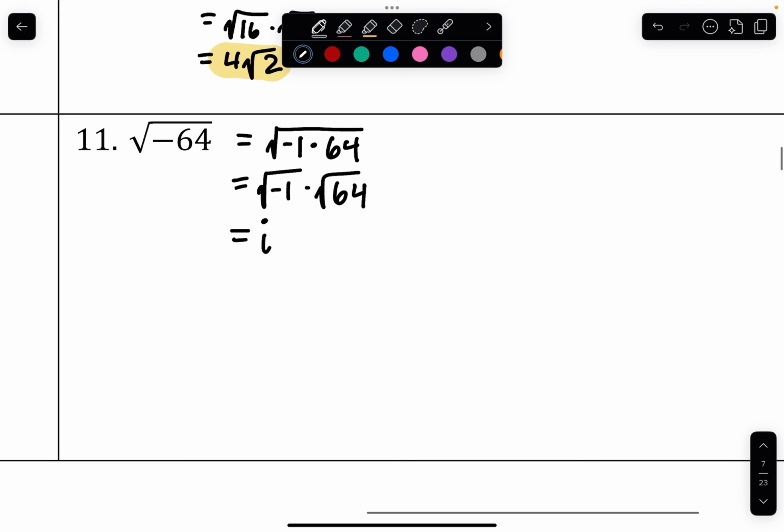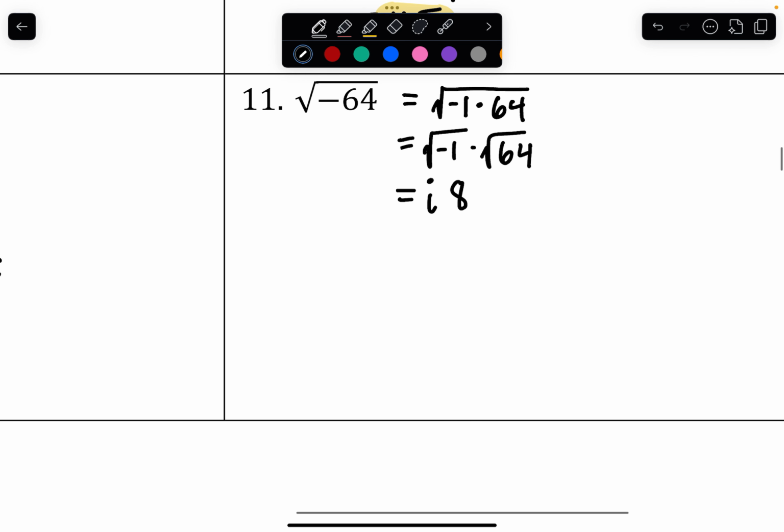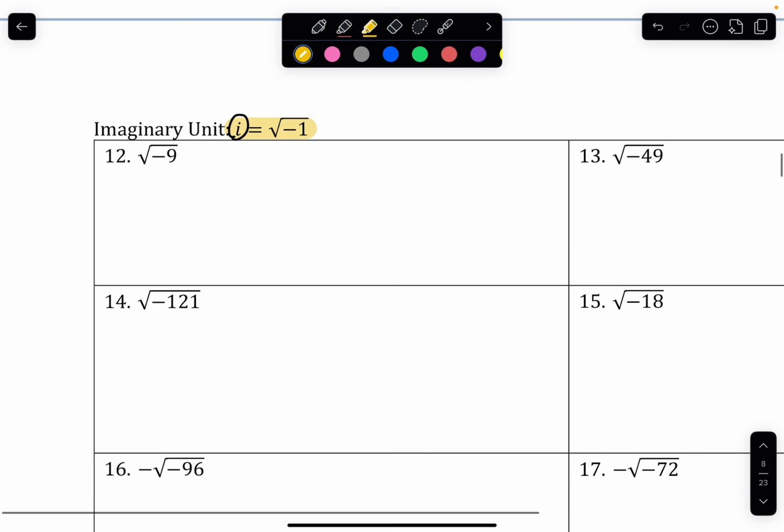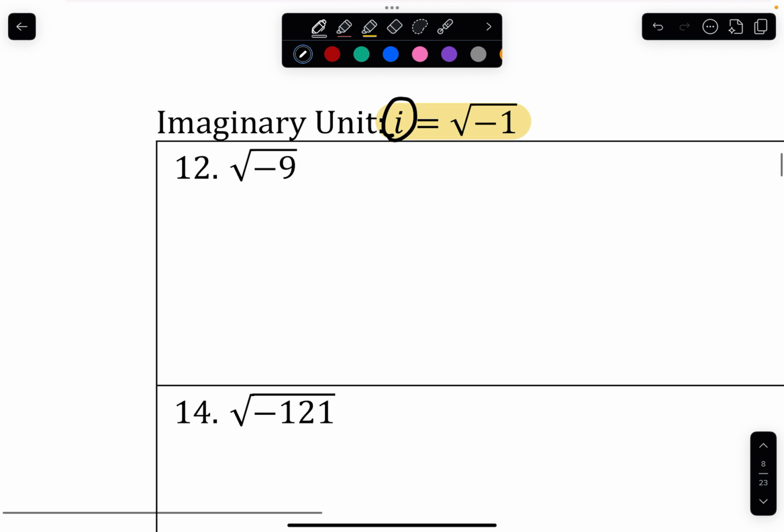Mathematicians defined it. And then square root of 64 is 8. And so the standard notation is to put the real number followed by the imaginary unit. And so you should write it in that order, just like as if I were a variable. Okay, and so here, square root of -9, we can do the same thing.